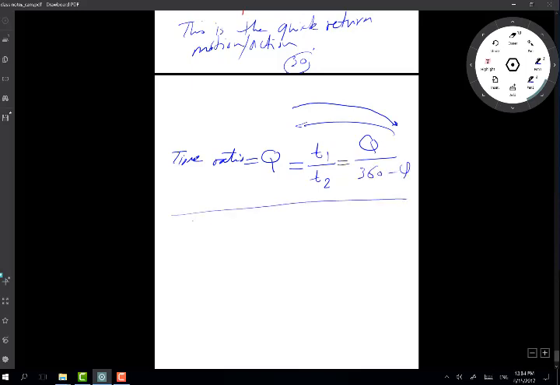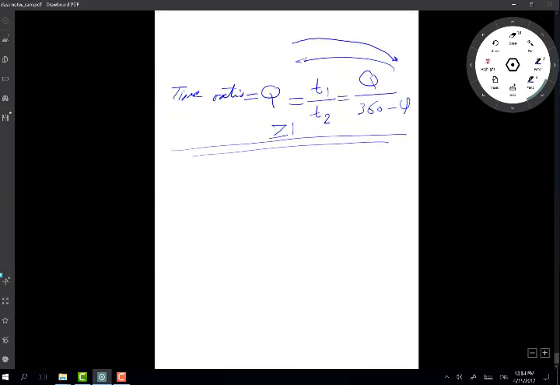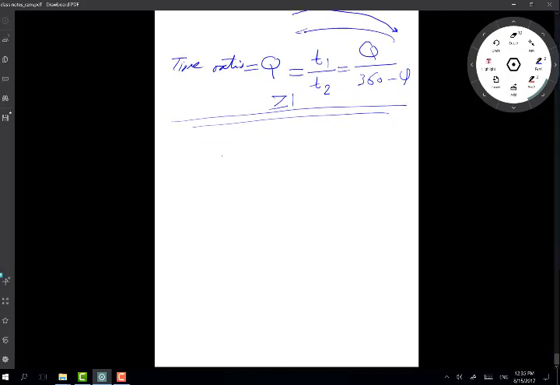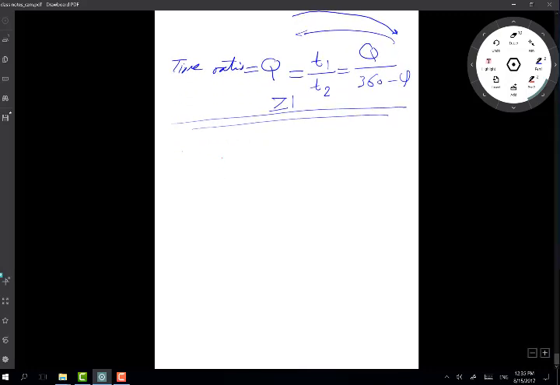This is the time ratio of the linkage. Normally it should be greater than 1, or sometimes equal to 1 in some applications. I'm going to show you first an application with time ratio greater than 1, an example of a quick return motion.